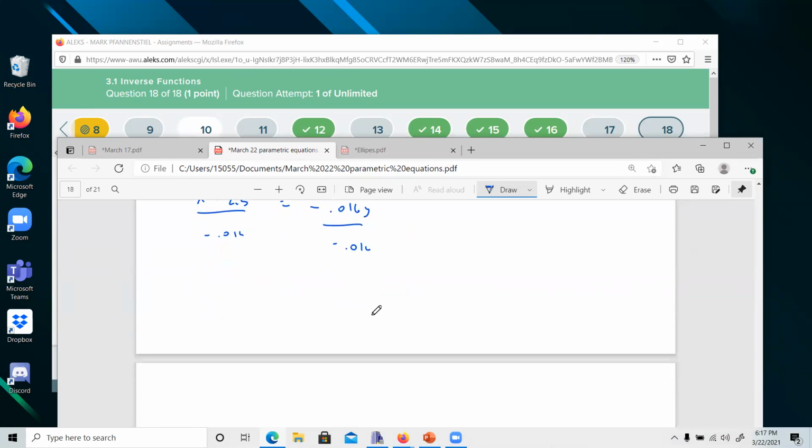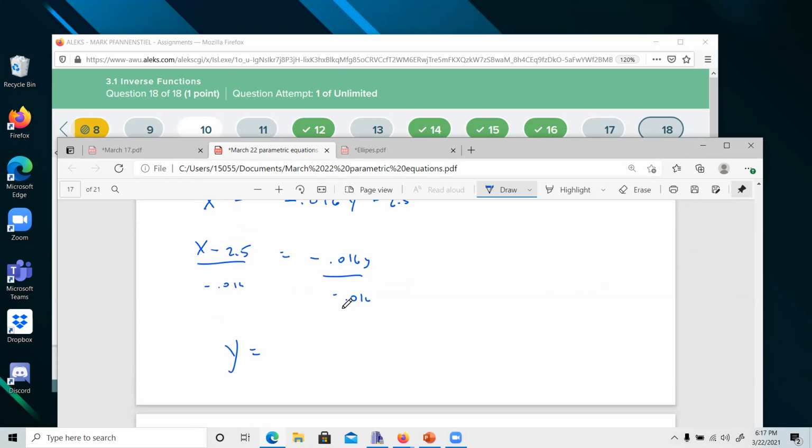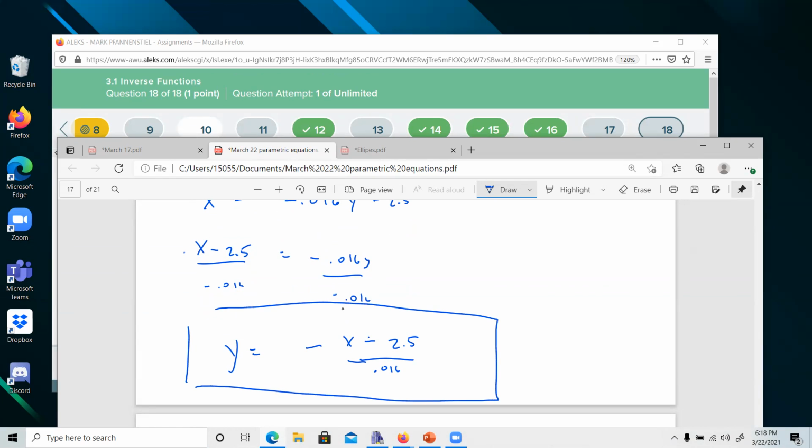I wonder if it'll let me get away with that. Y equals... It doesn't really matter where you put the negative. It could be on the top or the bottom or in the middle. So I'm going to put it in the middle and hope for the best here. And then wonder if they're going to let me do that. Okay, so that's my L inverse.